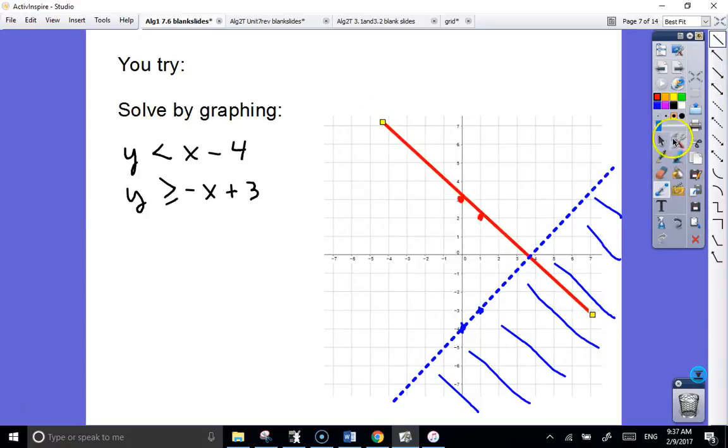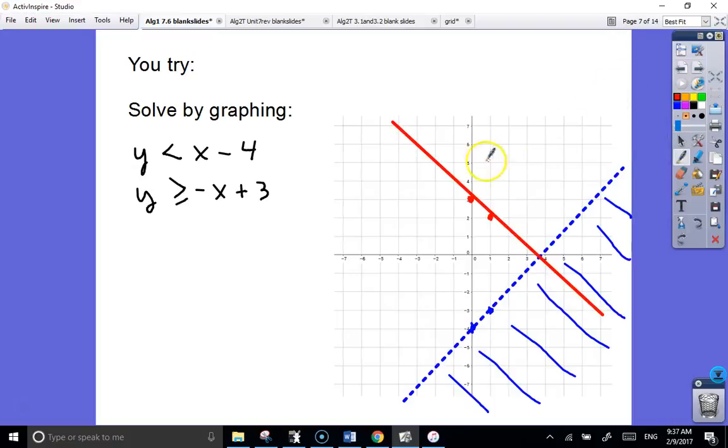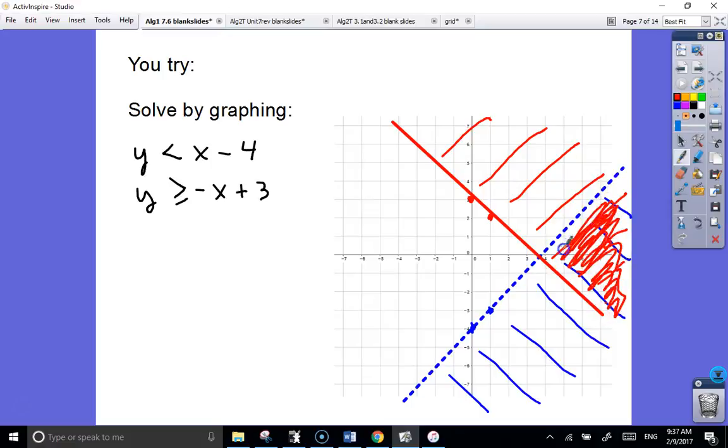Okay, shading, above or below? Above. Okay, where do they overlap? They overlap right there. So somewhere you have to make it obvious where the shading overlaps. Sometimes if you make your shading on each one so dark, it's hard to see where they both overlap.